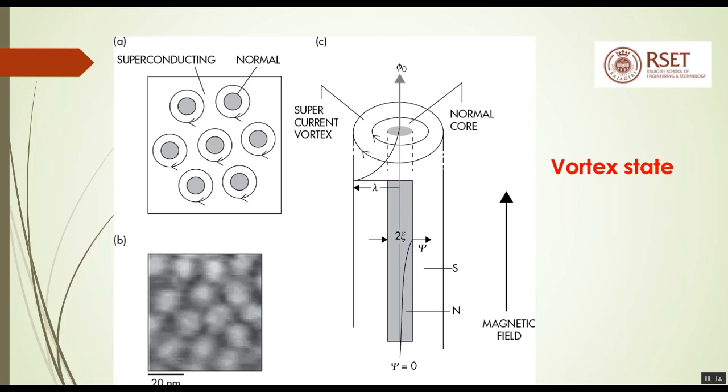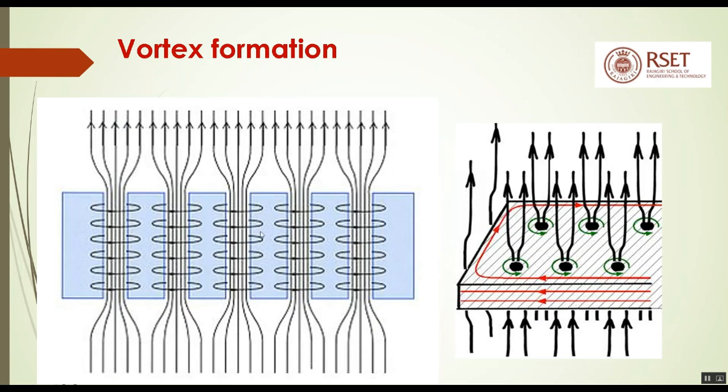The field lines are confined to flux tubes or vortices, as you can see from this figure. In flux tubes, the material will have normal resistivity. But at the same time, a supercurrent represented by these circles flows through it.